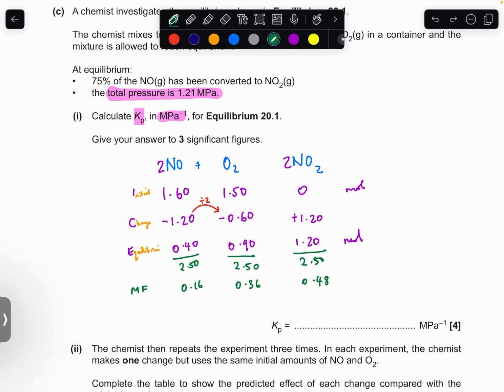And now the partial pressure is going to be the mole fraction times total pressure equals the partial pressure. The total pressure is given here. And so let's multiply these values by the total pressure. 0.16 times 1.21.